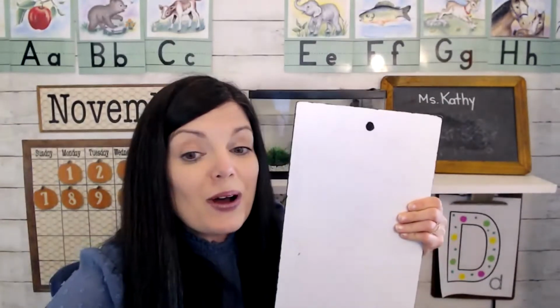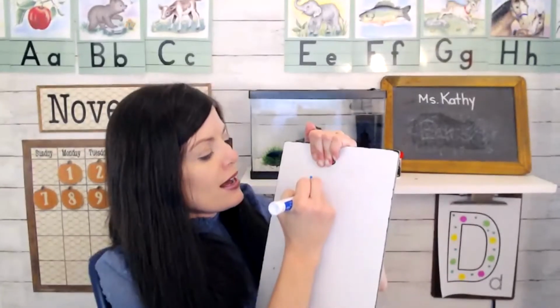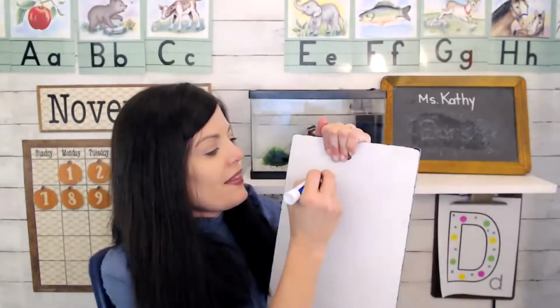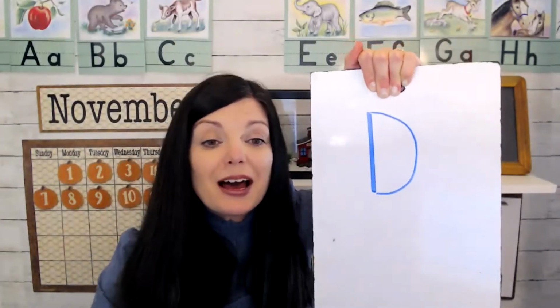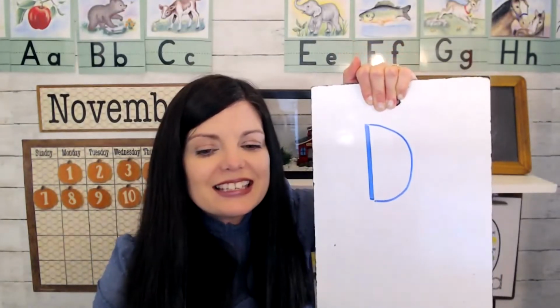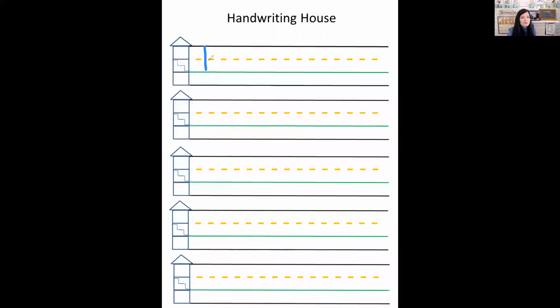Just make a number 1 and one big bubble like this. 1 and then one big bubble. That's the big uppercase letter D. Let's see how to do that on our handwriting paper. So make that number 1 and then go back to the top and then blow a big bubble upstairs and downstairs.